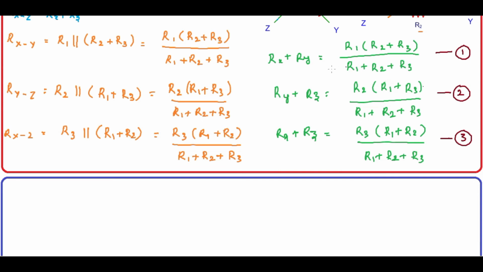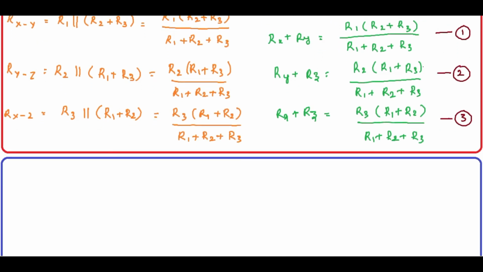The simple concept is to add 1 and 2, so that I will get Rx plus 2Ry plus Rz. If I subtract 3 from this addition, Rx and Rz will get cancelled and finally 2Ry will remain. Let me solve that part. What I would like to do here is add 1 with 2.